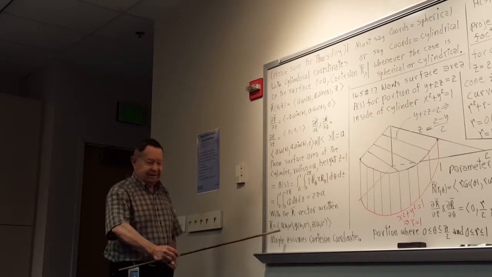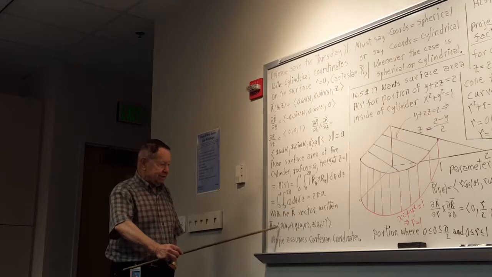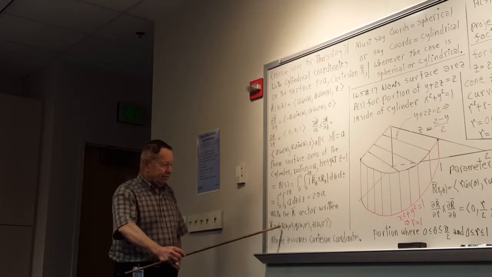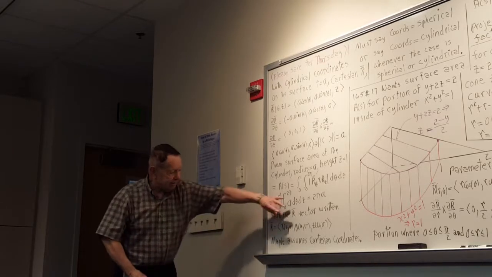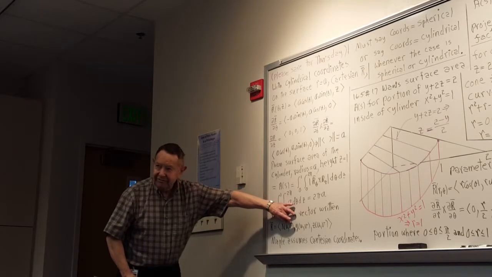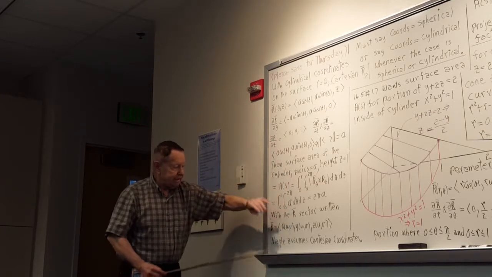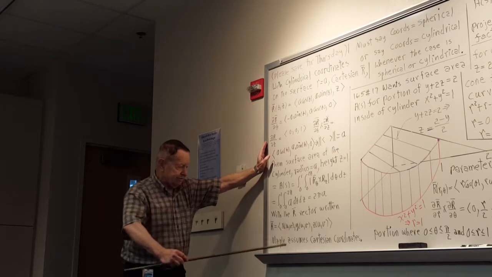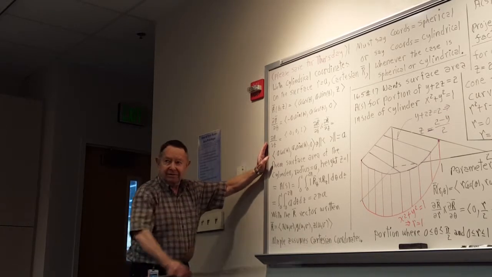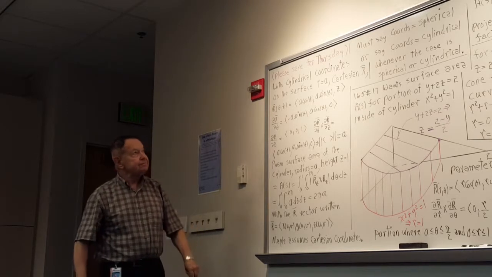As I've been telling you, when you write your parameterization like this, with x of the two parameters, whatever they are, which could be theta and phi, or in this case they are theta and z, and y of those, and z is a function of those, you're assuming that you're working with Cartesian coordinates.